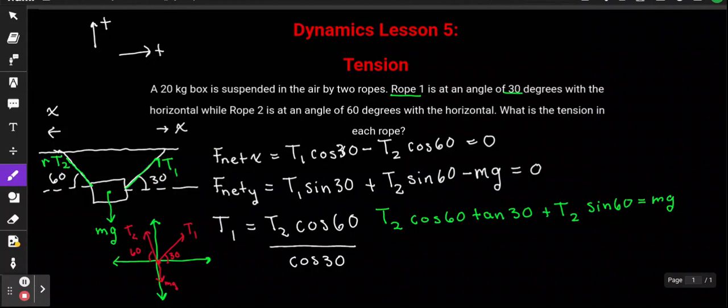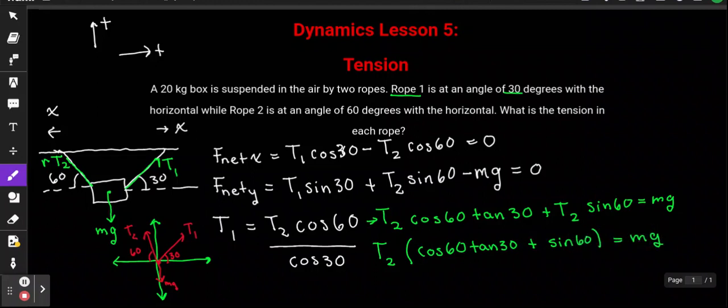And since we have T2 in both parts of this green equation, we can factor it out from the left side. So if we factor out T2, we have T2 times cosine 60 tangent 30 plus sine 60 is equal to mg.